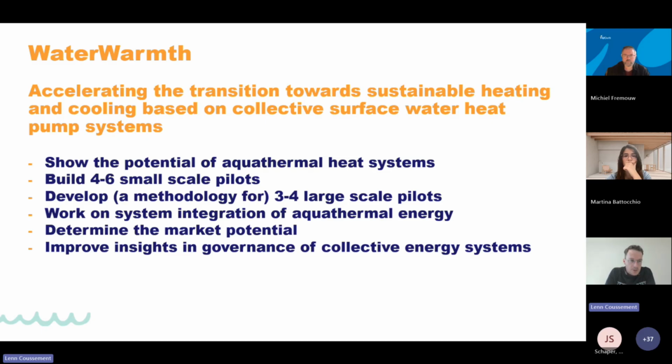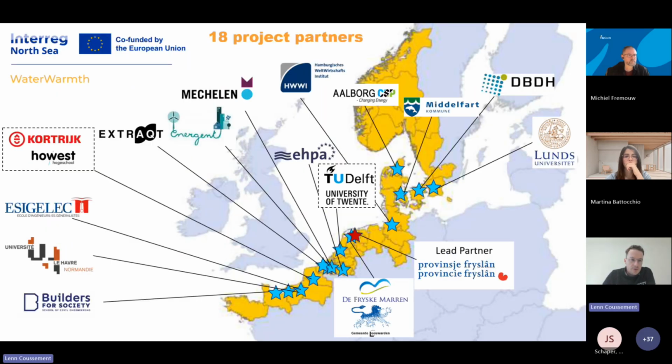We work on system integration of the aquathermal energy into the broader network of energy. We also work on determining the market potential, and we will improve the insights in governance of collective energy systems based on aquathermal heating. The project partners, we are 18, spread in 6 countries.